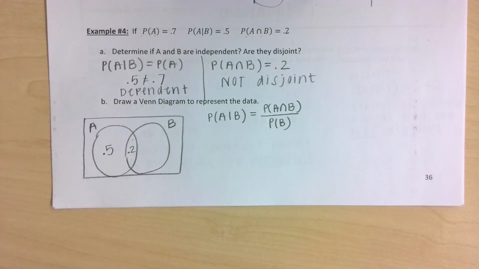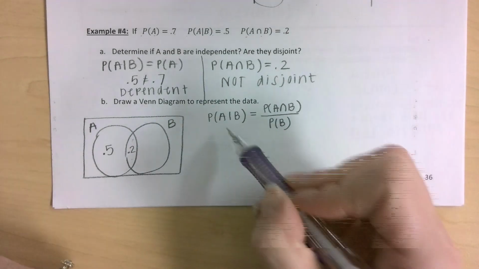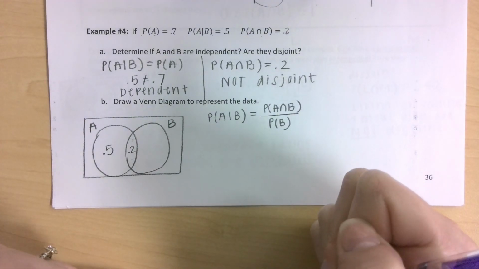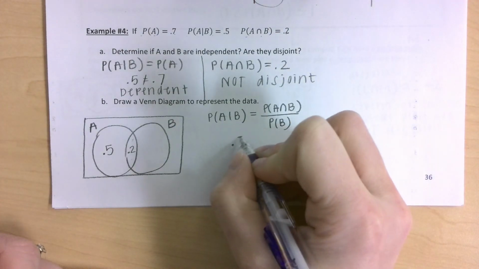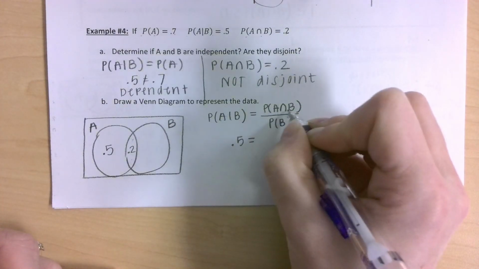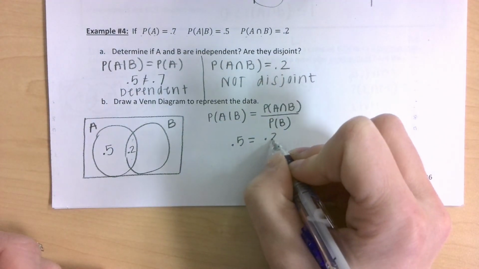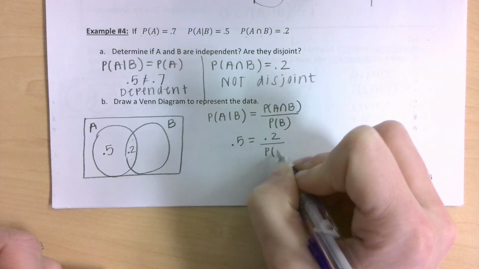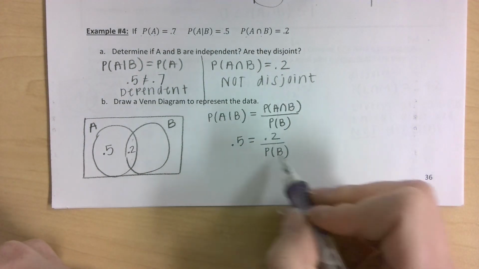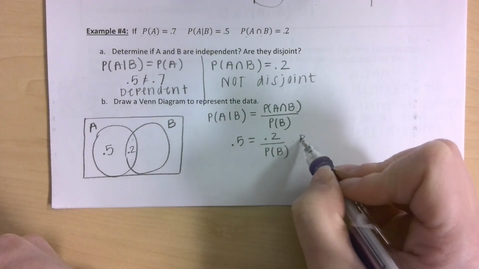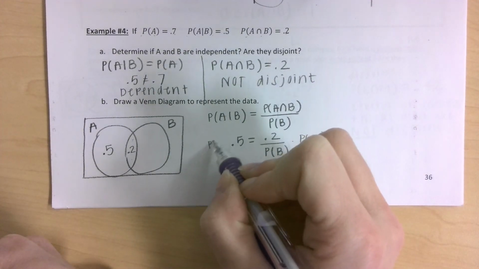Now this can look kind of confusing, but if you pay close attention, we actually have 2 out of the 3 of these probabilities. We know that A given B is 0.5. We know that A and B is 0.2. The only thing we don't have is this probability of B. To get that probability of B by itself, I would start with multiplying the probability of B on both sides.